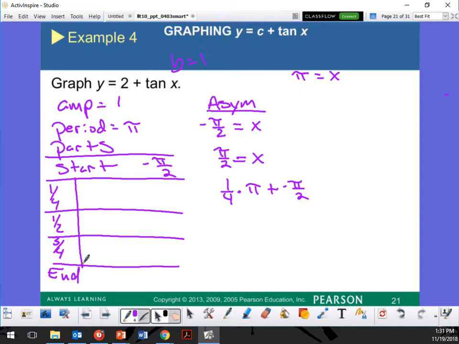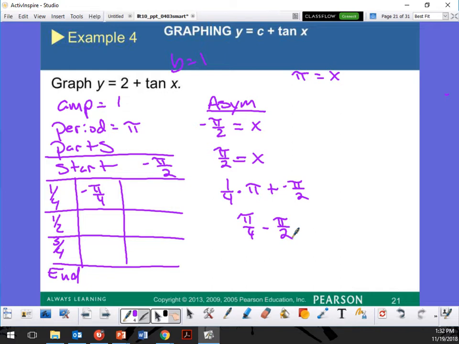Plus a negative. So 1/4 times pi, plus negative pi over 2. Oh, I'm... Is that better? Go ahead.